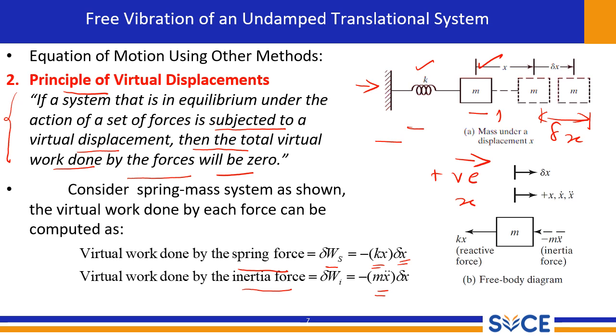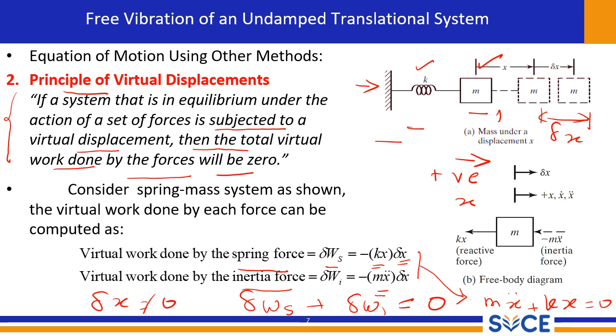Therefore, the sum del Ws plus del Wi should be equal to 0. Since del x is non-zero, we can divide it out, leaving us once again with the same equation of motion we derived in the last slide. That is, this will lead to m x double dot plus k x equal to 0.